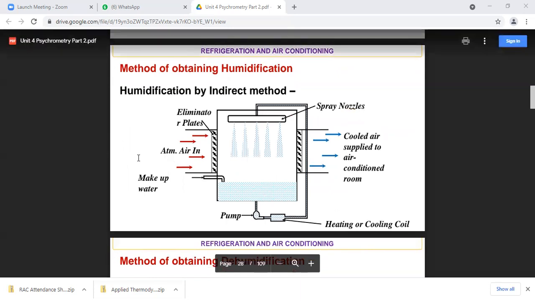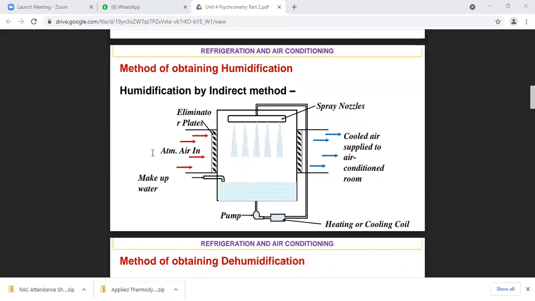If you observe here, the atmospheric air is flowing through this duct, and whatever foreign contaminants are present in this air are removed by these filter plates. Further, the air flows over here, and you can see the water is sprayed into this air, and the air passes through the eliminators also.